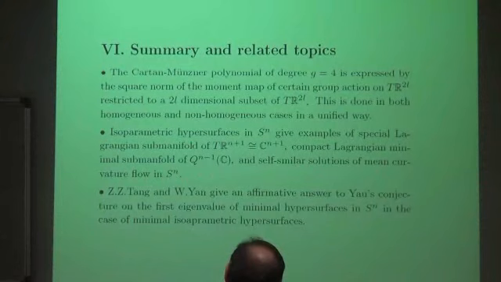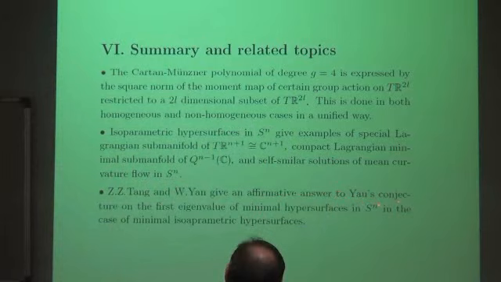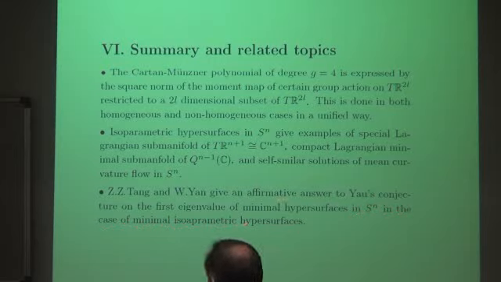And recently, Zizhou Tang and Yang gave an affirmative answer to Yau's conjecture on the first eigenvalue of minimal hypersurfaces in S^n, in all the cases of minimal isoparametric hypersurfaces. This conjecture is very famous.